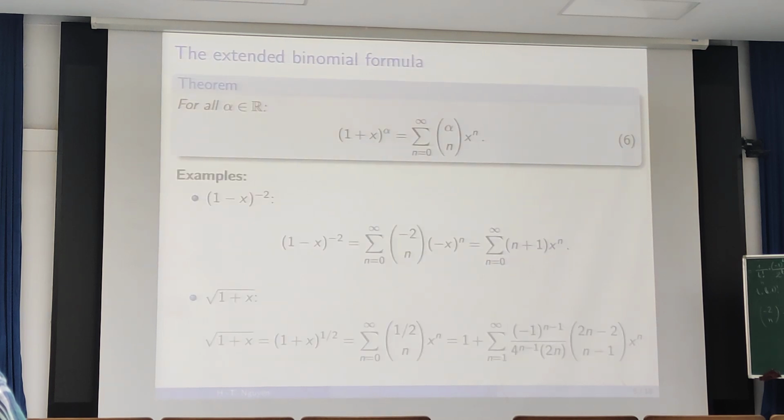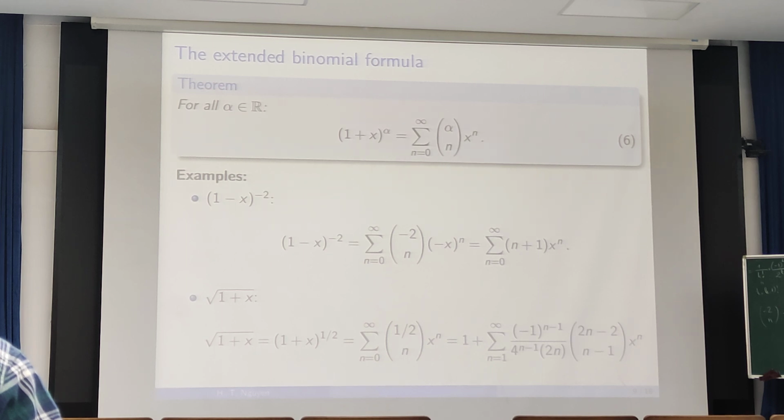Okay. So here for square root of 1 plus x. If you apply the normal Taylor series expansion, then the calculations may become complicated very quickly. But if we already know this formula, then we can apply it mechanically with alpha equal to 1/2 here, and you get this.